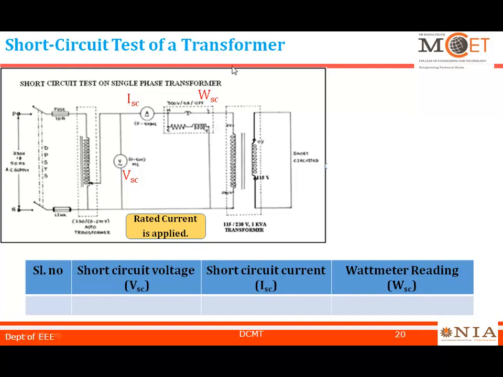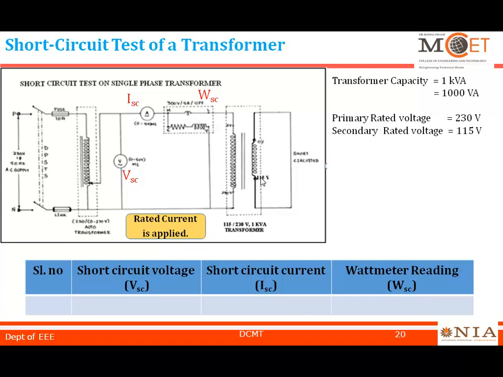Here the transformer capacity is 1 kVA, and 230/115 volt is the transformer specification. So the transformer capacity of 1 kVA is equal to 1000 volt ampere. We know the primary voltage as 230 volts and the secondary voltage as 115 volts. So we are going to find the primary current as well as the secondary current.